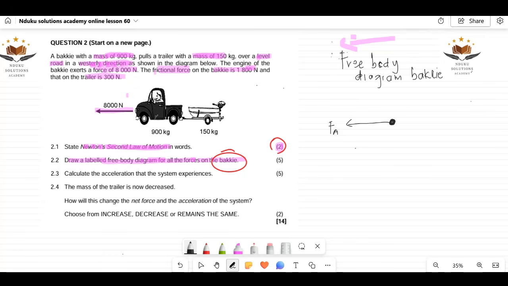And then because we are on Earth and it's on the surface, on the ground, we'll have our force of gravity. And then we'll have a normal force.